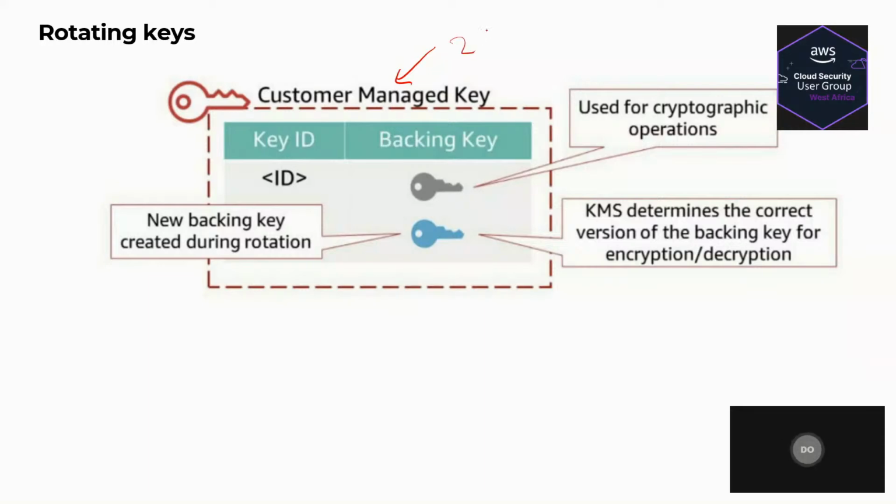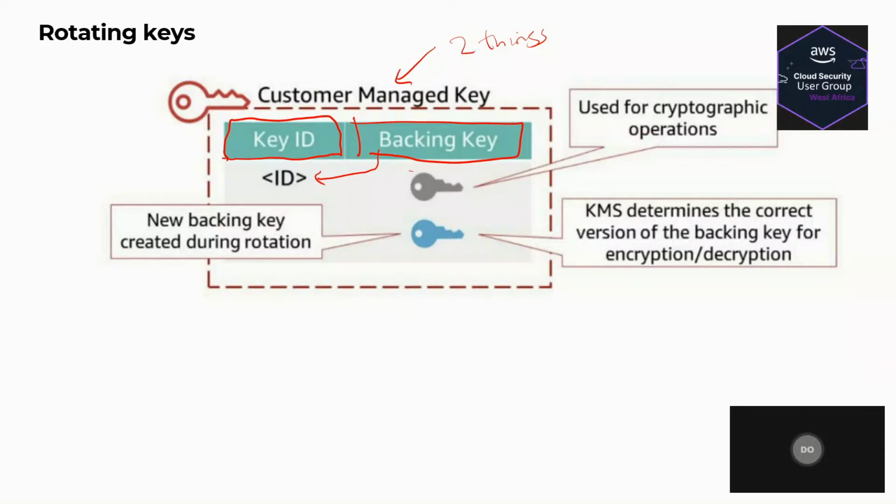Number one, we have a key identifier. A key ID is created, right? And number two, we have the key material. The key material is the actual key that's going to be used to encrypt the data key. That's the actual key. However, the key is linked to an ID, a key ID.